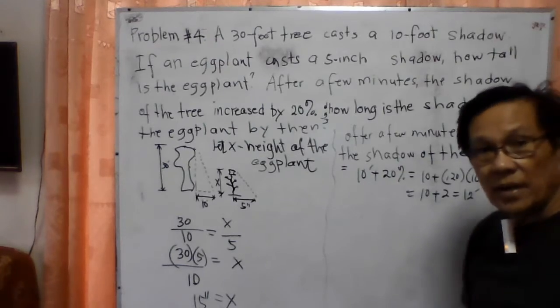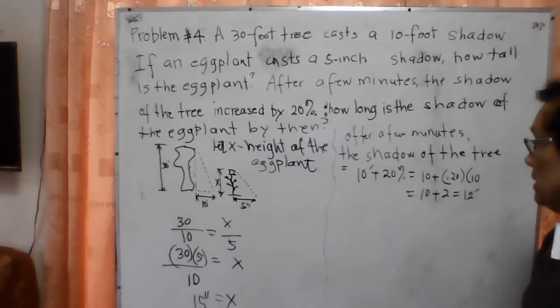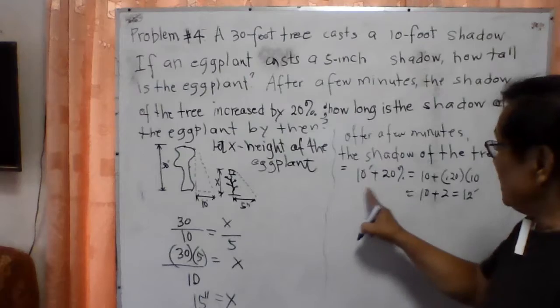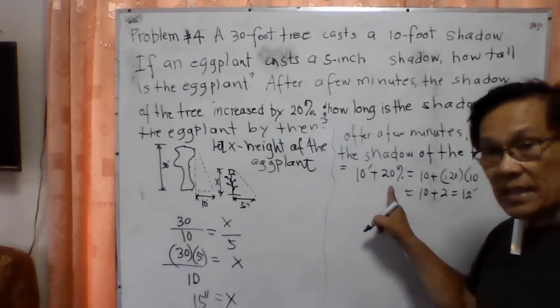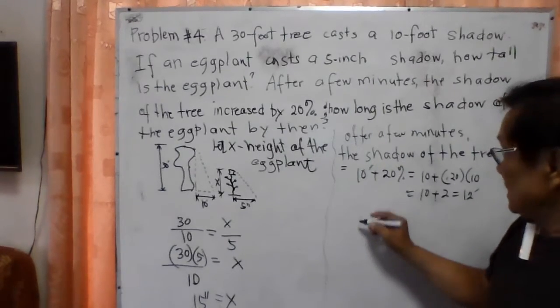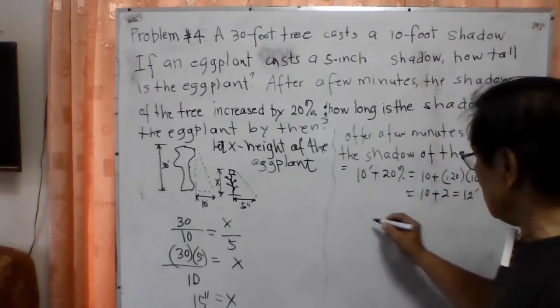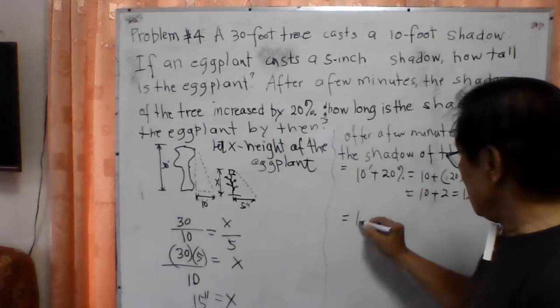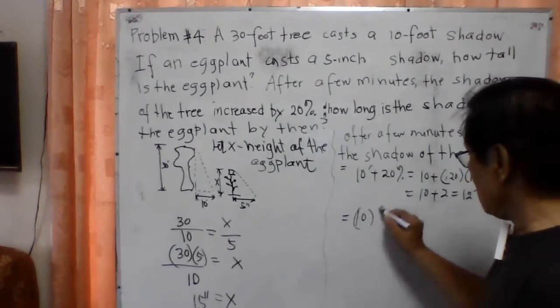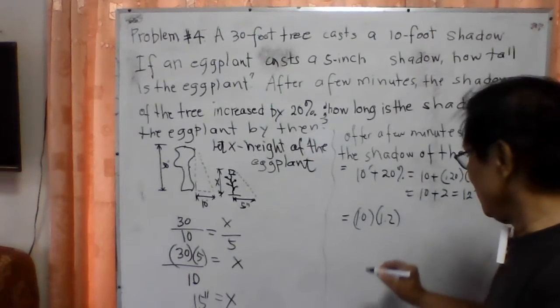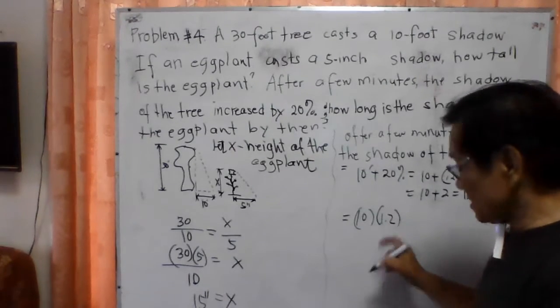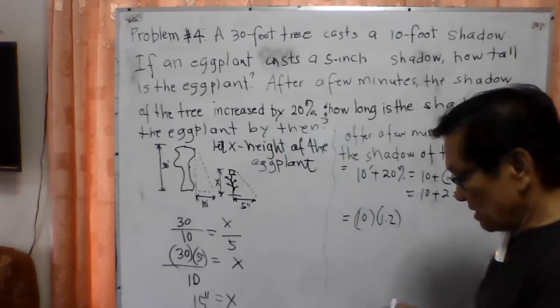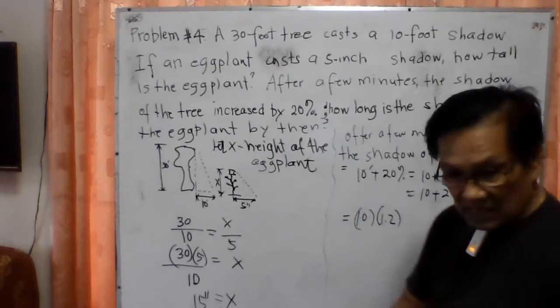Another way of doing that, the faster way, is when you say you increase this by 20%, you can also multiply 10 times 1.2. Okay? This one referring to the percentage increase.